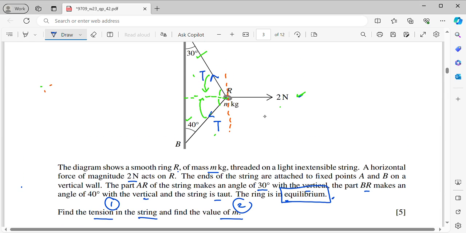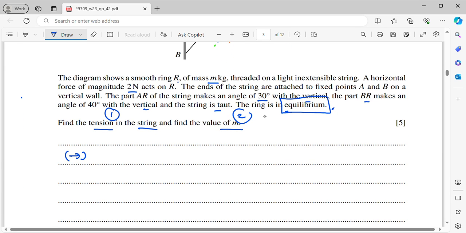The T sine 30, because I use this angle, plus T sine 40 degrees, equals 2, because it's balanced.